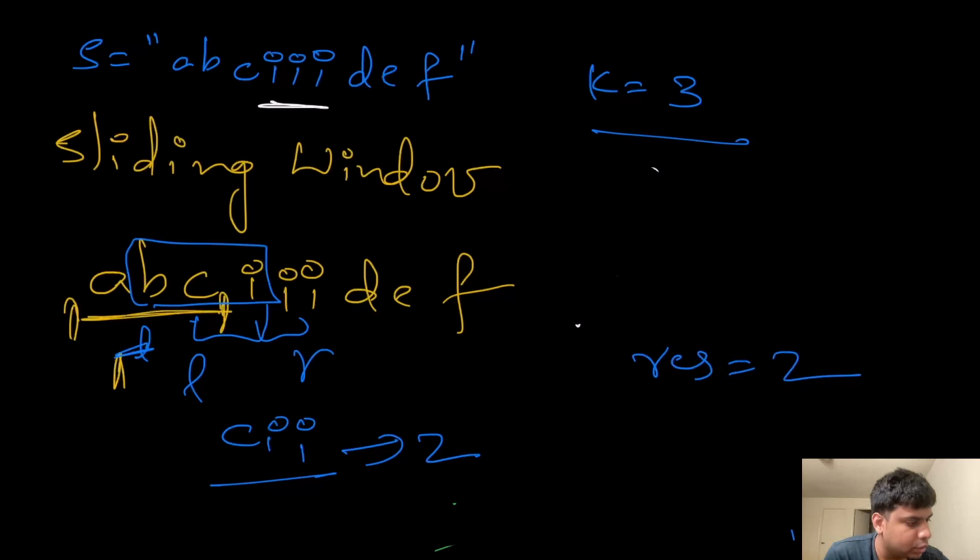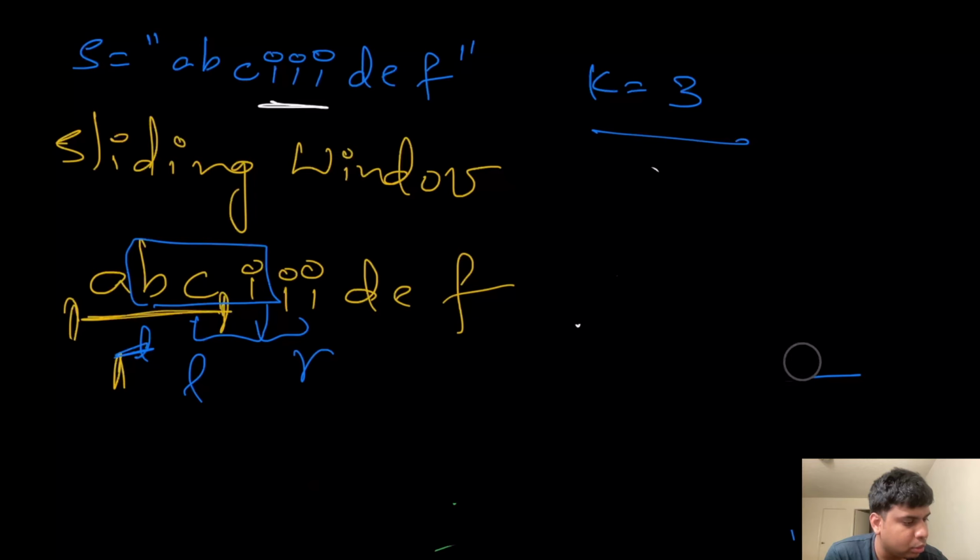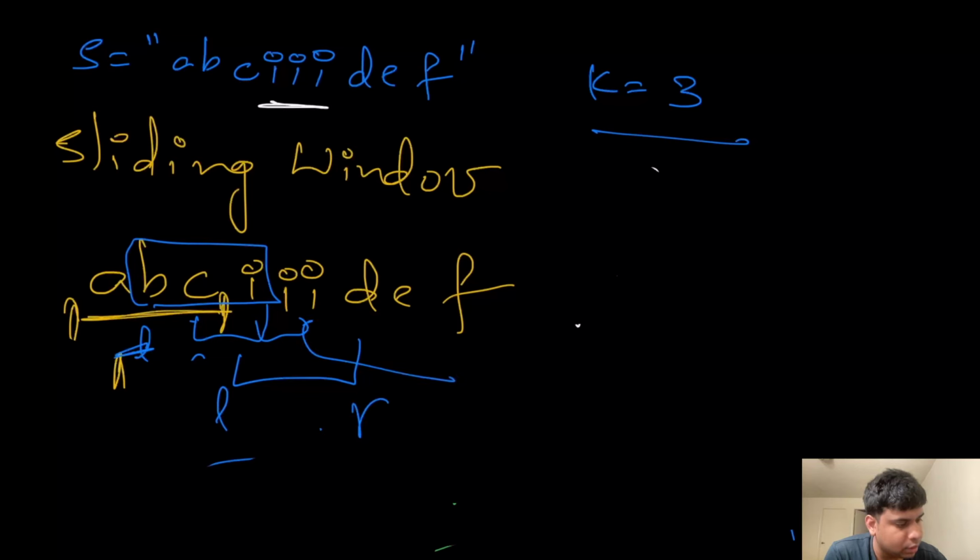So keep doing this, increment the end of your window and shrink the beginning of the window, because we need to maintain the size of k equal to 3. Once you keep doing this, you will arrive at this window where L is here, R is here, and the substring is III.